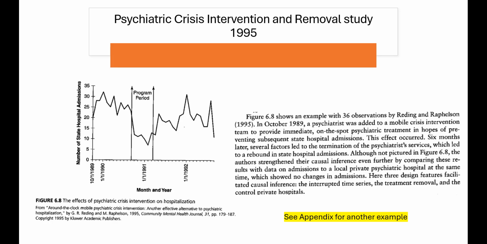So we can show the impact of including an intervention, but we can also use the impact of removing an intervention. If you looked at research study design books, you might see a solid X, and then you might see an X with a slash through it. That slash through it is what that second arrow is. That's removing your treatment. And that would be how we can test it with the interrupted time series.